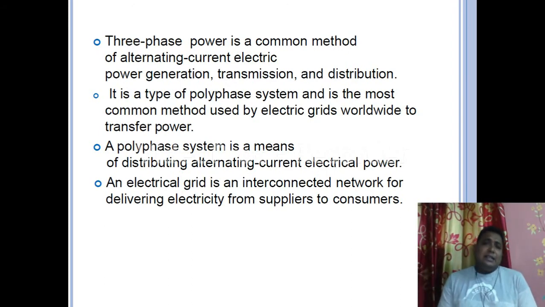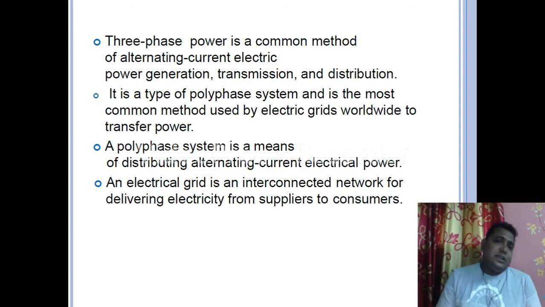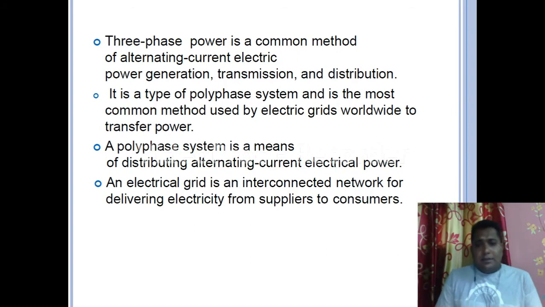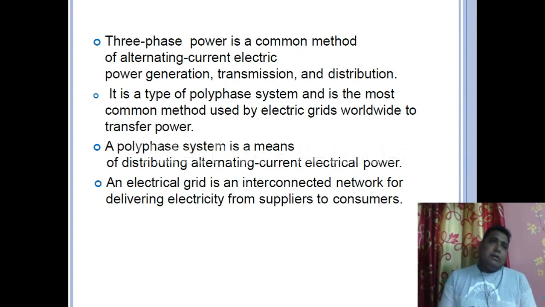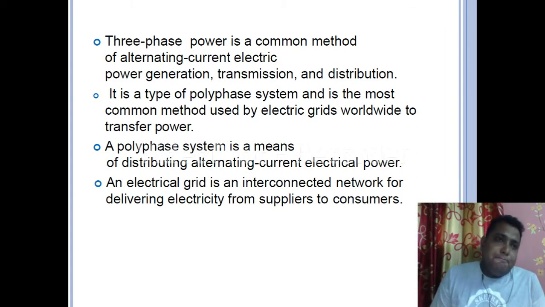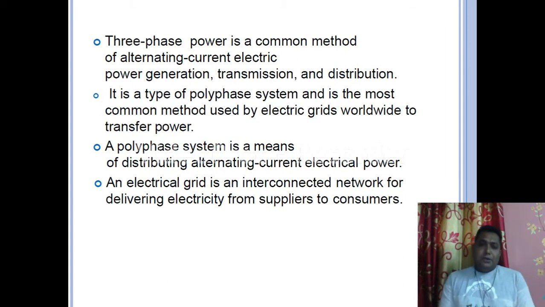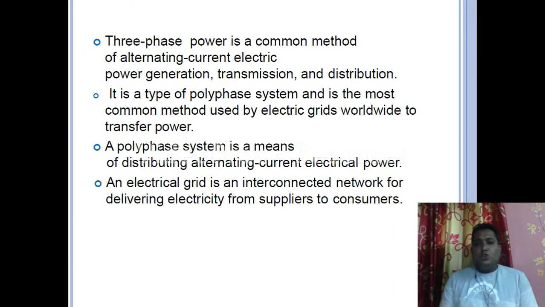That kind of thing is the grid system, and in India that is the national grid, the main electrical company in India which deals with this huge power transmitting and distribution system.